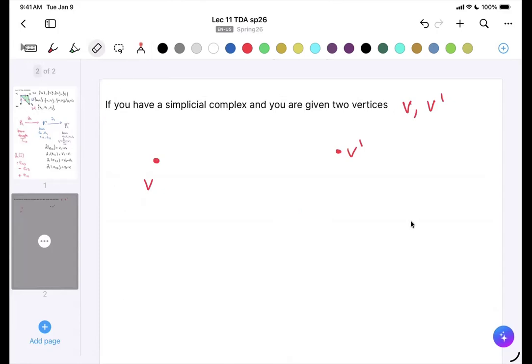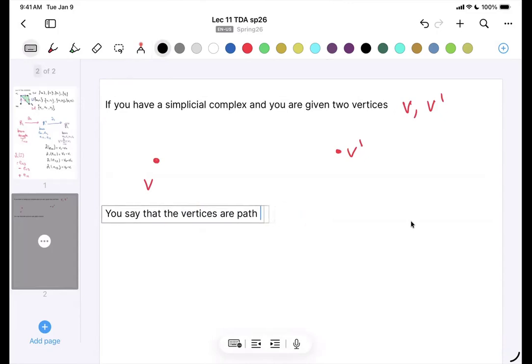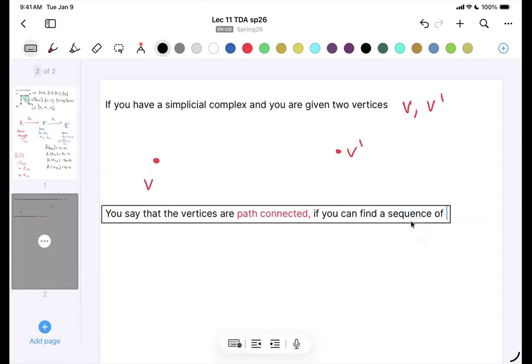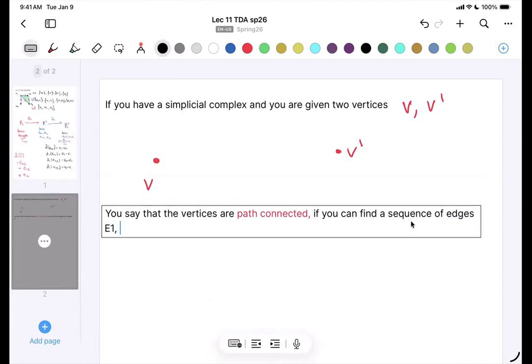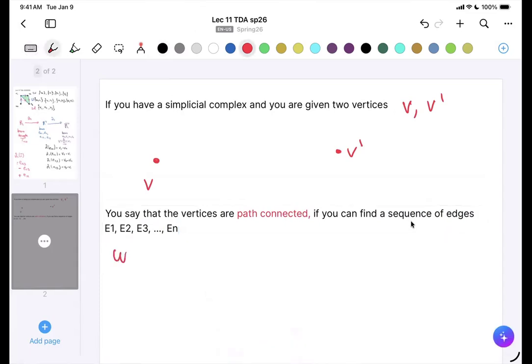So you say that they're path connected if you can find a sequence of edges, E1, E2, up to En, where E1, let's say, is V followed by another vertex, which I'll just call V1.